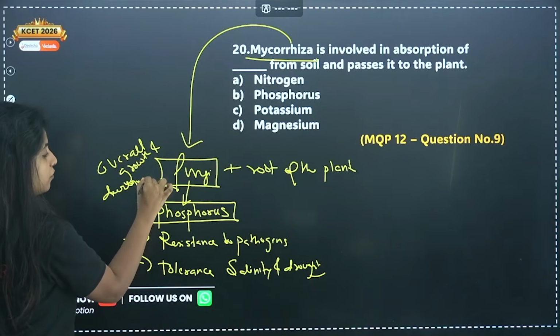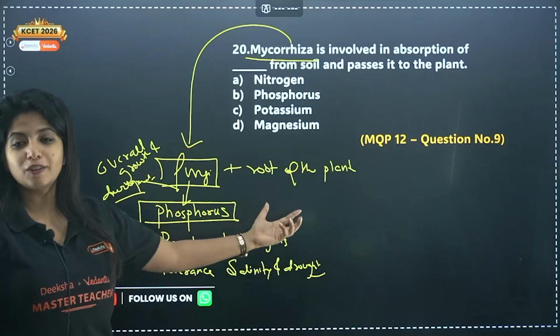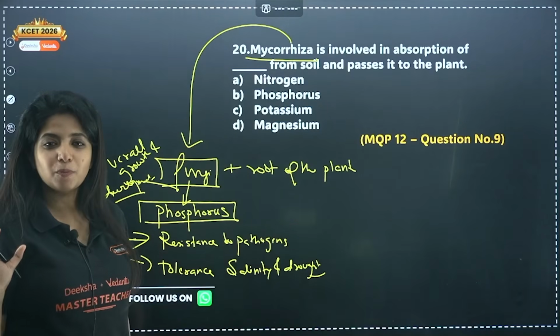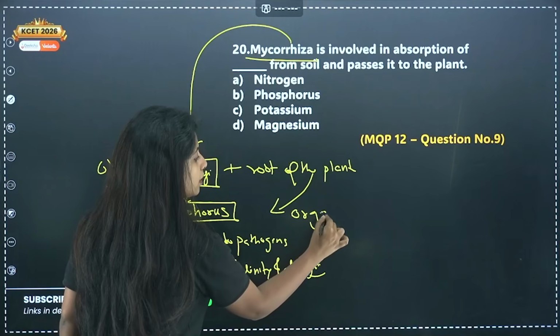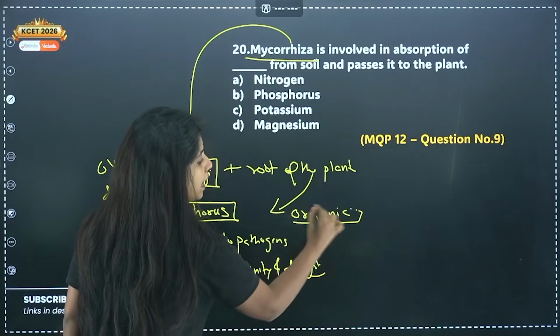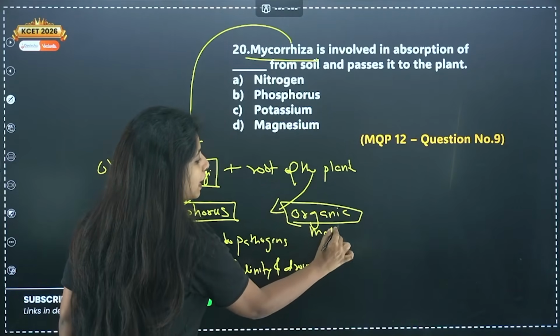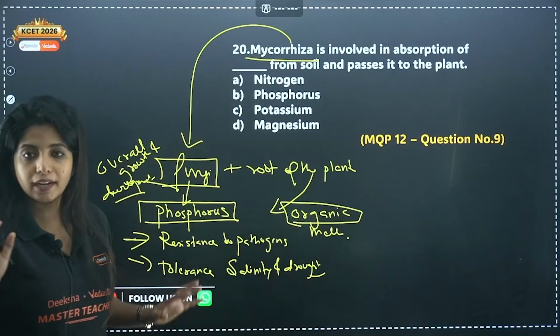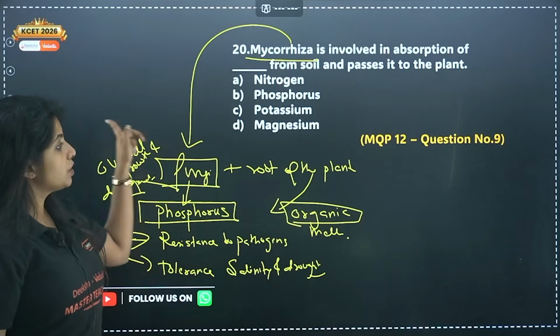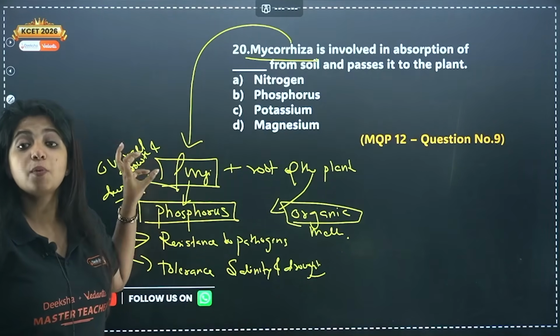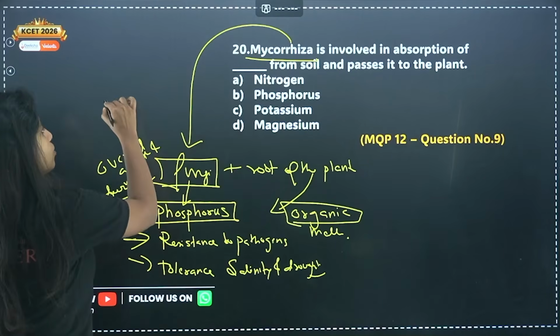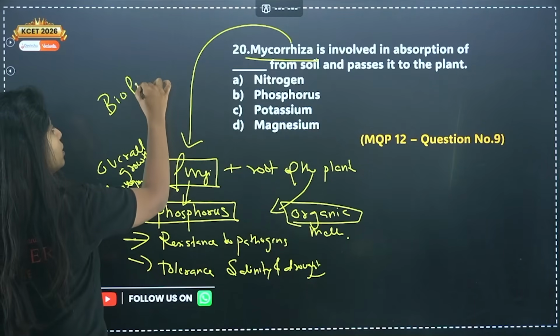So ma'am, when fungi does all this, what does the root of the plant do? Plants are responsible for photosynthesis. They do photosynthesis and provide the fungi with organic matter, which allows the fungi to stay active. This combination is known as mycorrhiza, and since it provides a very important nutrient from the soil, this is also an example of biofertilizers.